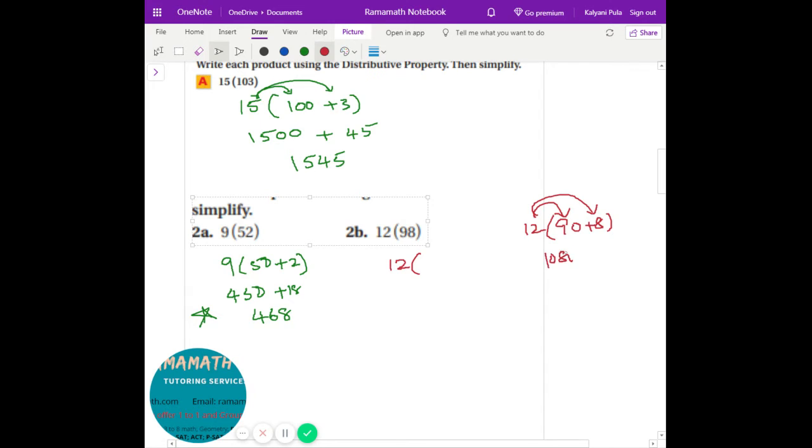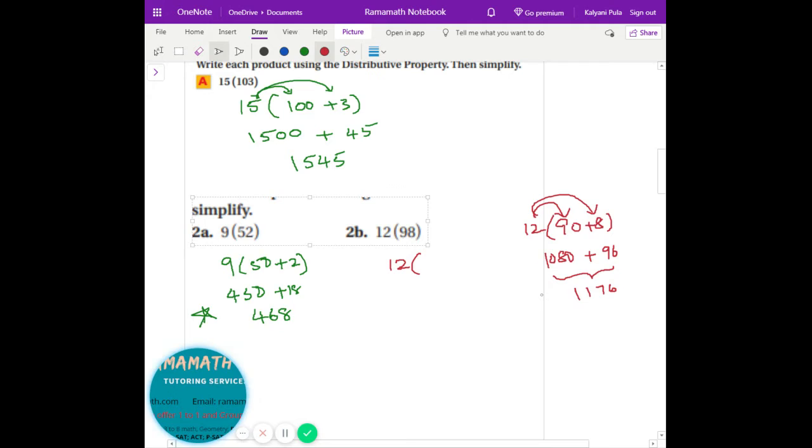And then I also multiplied 12 into 8, which would get me 96. Then I would add both of them together, which would get me 1176.